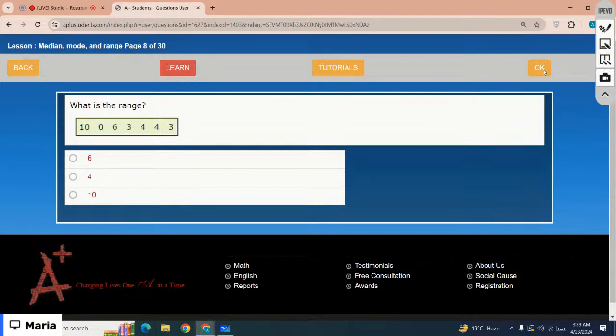So, which is the correct option? That is 10. Very good.